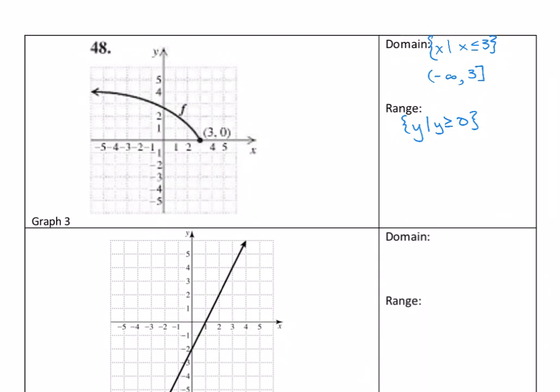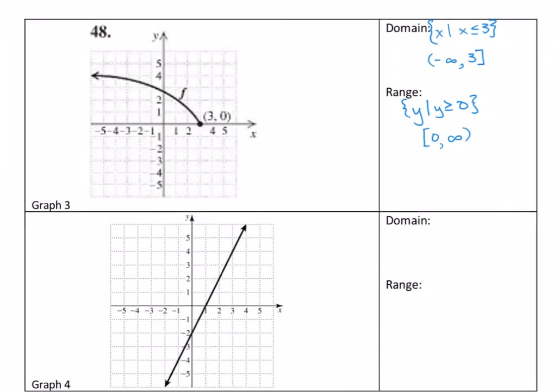Again, if we did this in interval notation, what is my bottommost y coordinate? It is 0 with a bracket. It goes up forever, so we get 0 to infinity. Okay, last one.